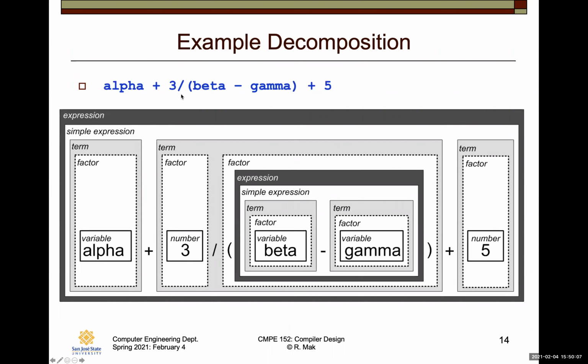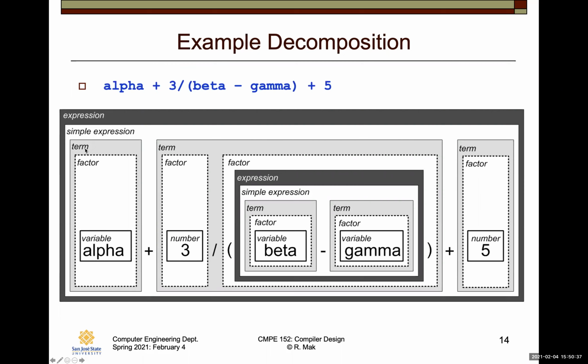Now inside the simple expression, we have three terms. Remember, simple expressions deal with the additive operators. So this simple expression has a term plus another term plus a third term. We see in the gray boxes here, we've got three terms. The first term is alpha.